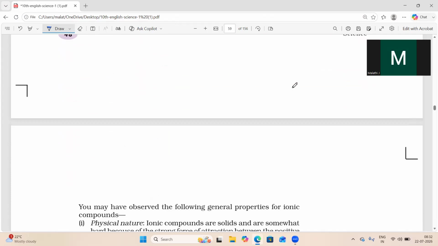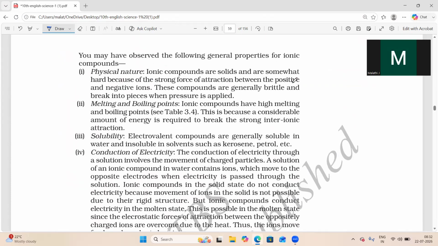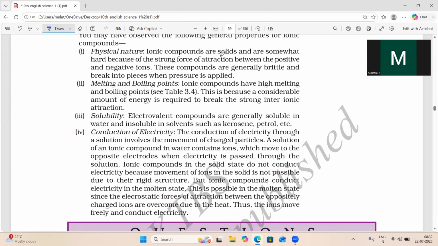So the physical nature given here is that ionic compounds are solids and hard. Because of the strong force of attraction between the positive and negative ions, the compounds are generally brittle and break into pieces when pressure is applied.